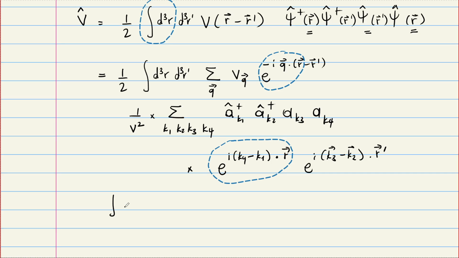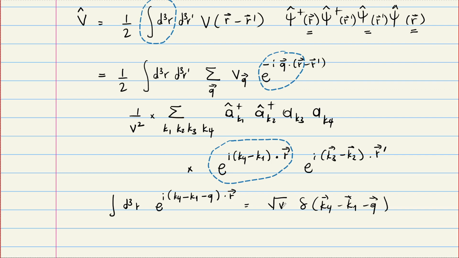So this is the integral d cube r e to the i k4 minus k1 minus q dot r, and this is going to be root v delta of k4 minus k1 minus q. And these are vectors, but we need to keep that in mind.